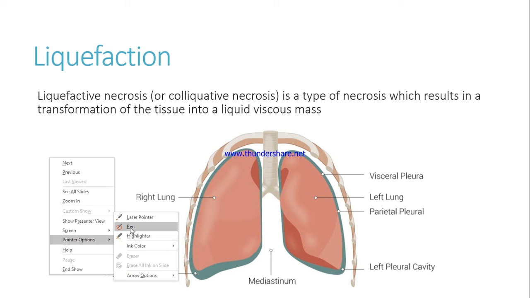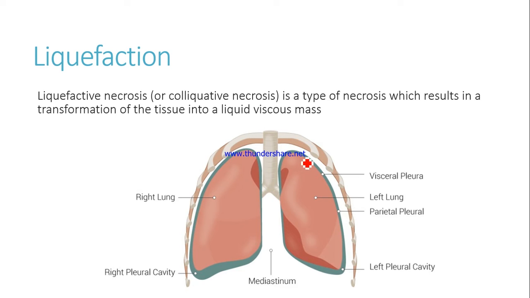Let us understand the pleural cavity. Pleura is a thin layer which is protecting our lung, and the part of the pleura which is attached to our lung is called visceral pleura, and there is a cavity, and the part which is attached to our thoracic chest cavity is called parietal pleura.